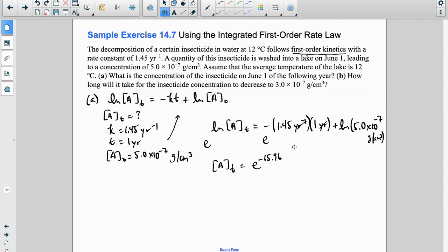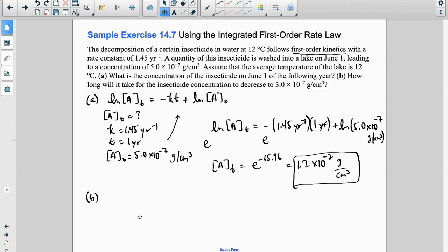And once I put that into my calculator, I got an answer of 1.2 times 10 to the minus 7 grams per centimeter cubed. Okay, so there's my concentration after 1 year.